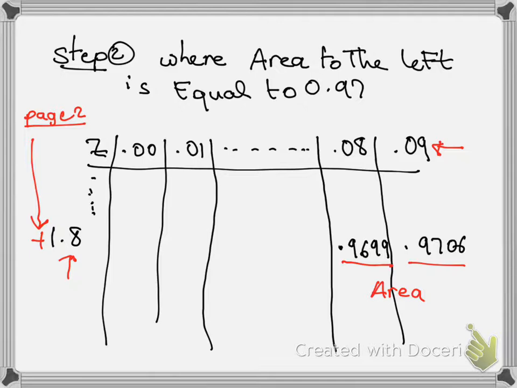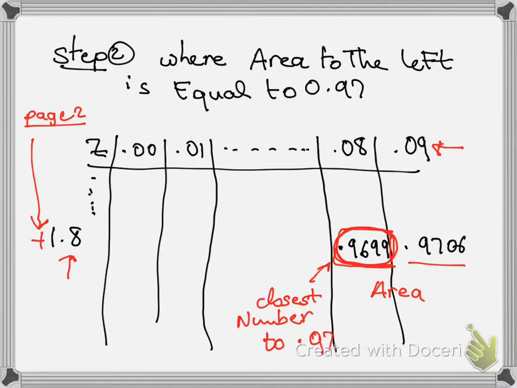Well, 0.9699 is closer to 0.97 than 0.9706, because the difference between 0.9699 and 0.97 is 0.0001, and the difference between 0.9706 and 0.97 is 0.0006. So this is the closest number to 0.97.